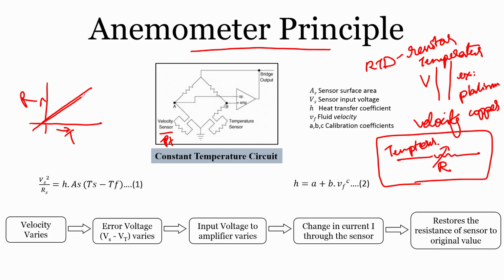If this is linear and you have this coefficient alpha, that is the temperature coefficient, it is excellent for platinum, at around 0.003 ohms per degree rise in temperature, and it is different for copper and other materials.